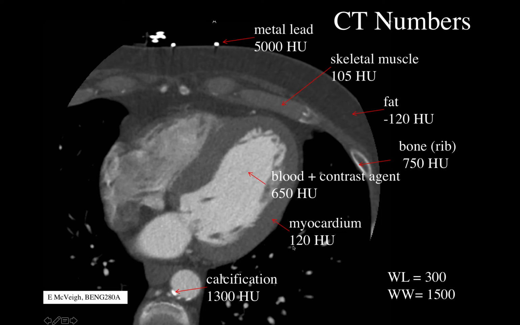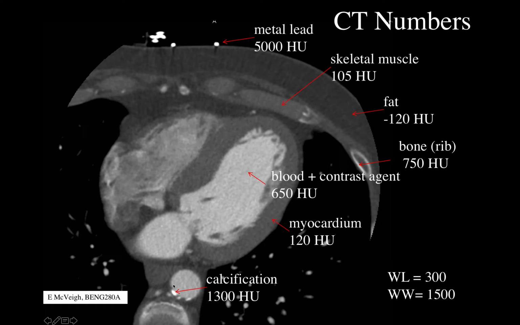Myocardium is the same as skeletal muscle, about 120. And remember, water is 0. So 120 means it is 120 over 1,000 more than water. So it attenuates more than water, but not a heck of a lot more than water, whereas 750 means it attenuates considerably more than water.